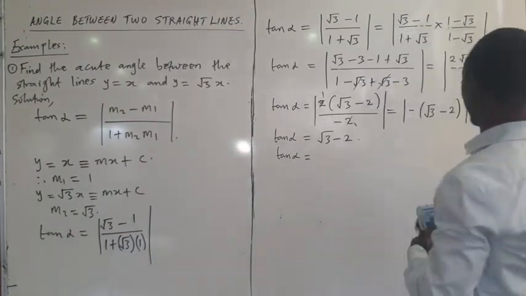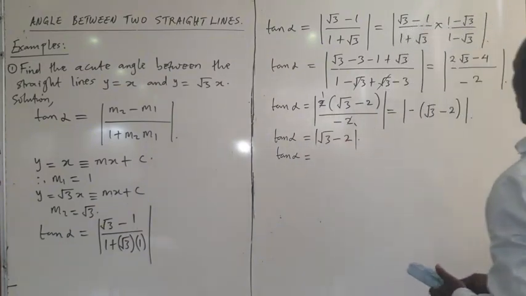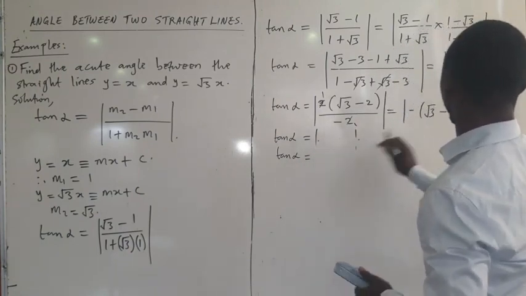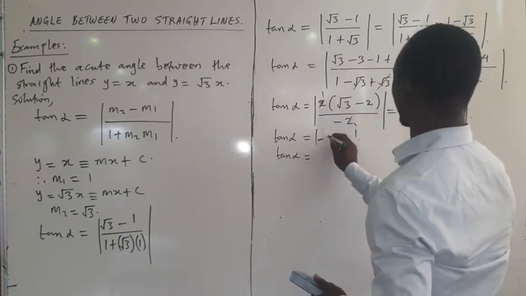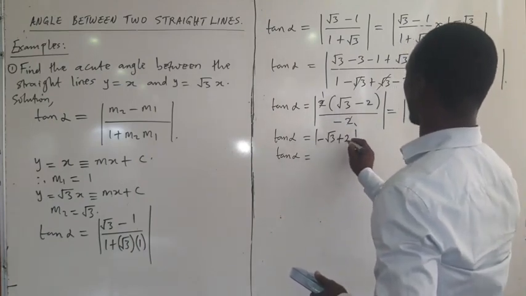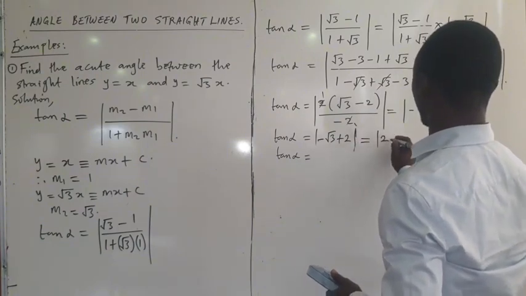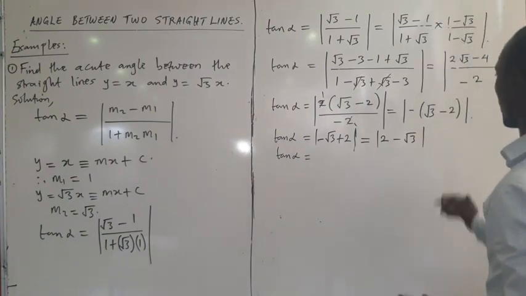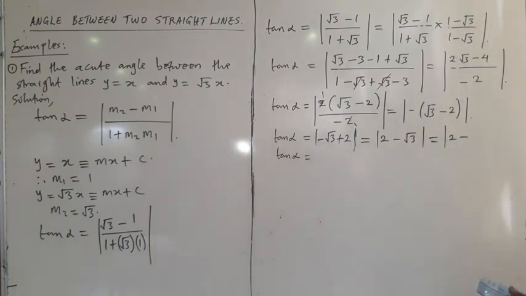We can still keep this absolute value. If you keep the absolute value, you can write this as minus root 3 plus 2, which is the same thing as the absolute value of 2 minus root 3. So it is now 2 minus square root of 3.